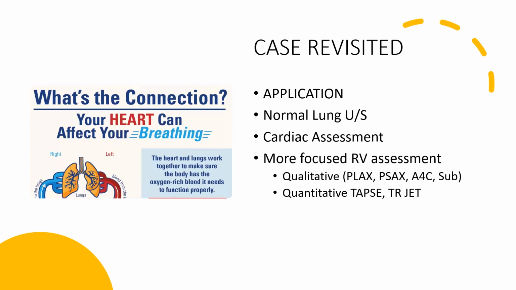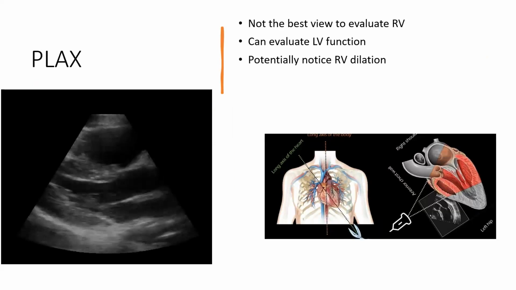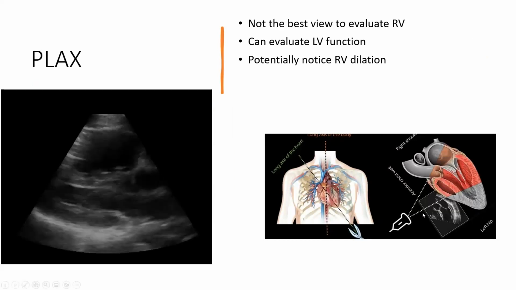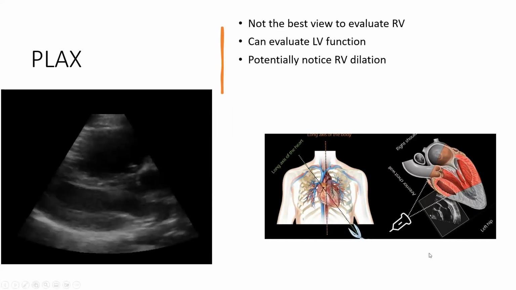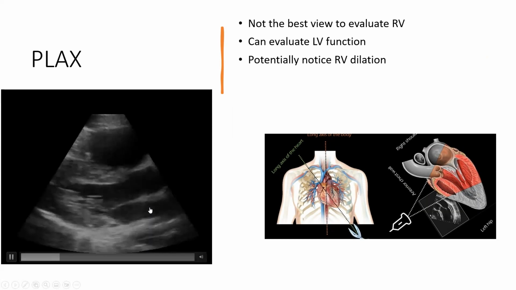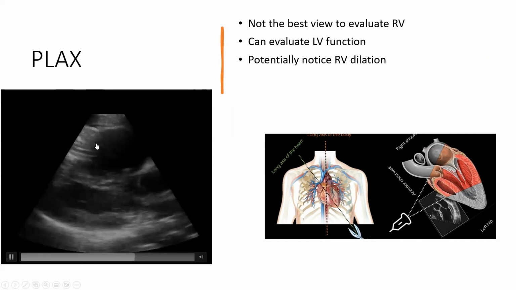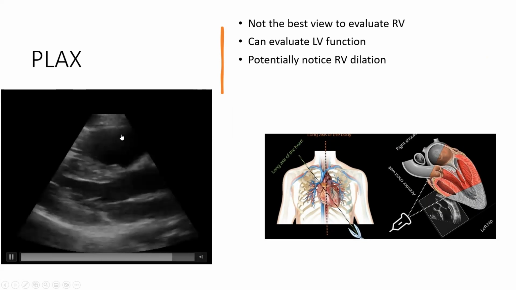So we'll go ahead and apply what we've learned. We're going to start in the parasternal long axis view. The image here shows the cut of why it looks like this on the screen. So this is left atrium, left ventricle, left ventricular outflow tract, right ventricle. The image on the screen looks like a dilated right ventricle.